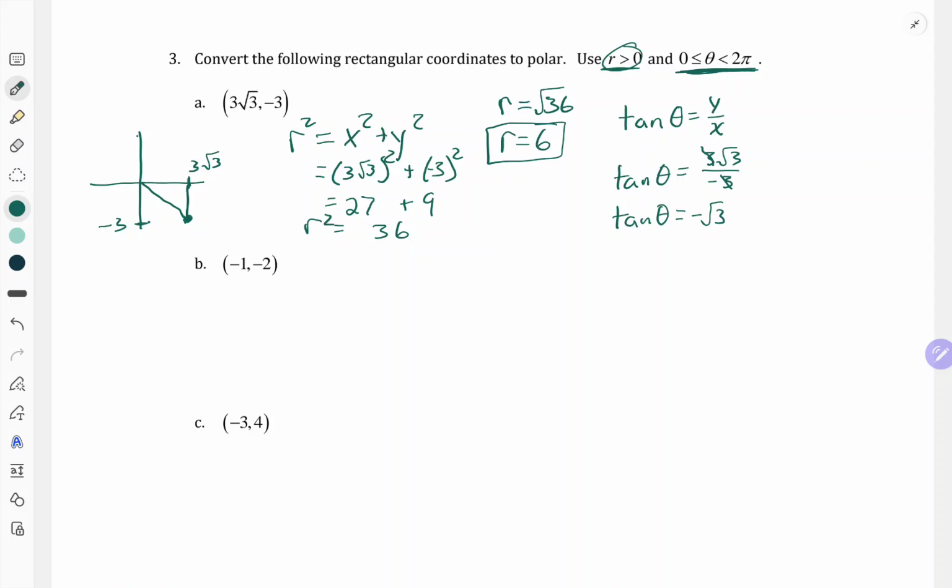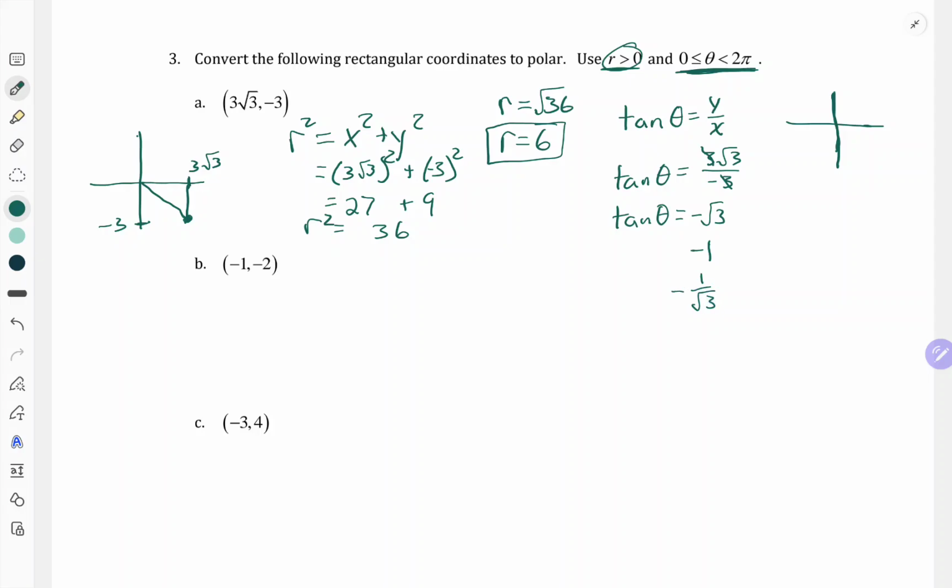But let's go ahead and see what we'd normally get if we're looking at a unit circle value. So on the unit circle, tangent's negative root 3. Tangent usually has, we'll stick with quadrant 4 where it's negative, one of these 3 values.